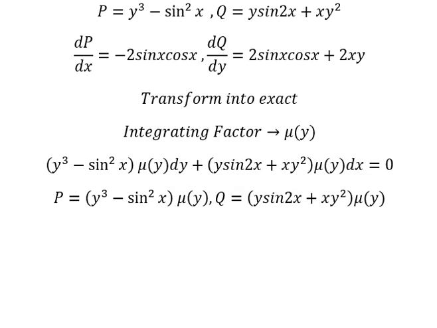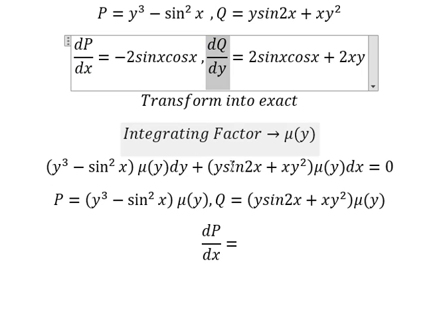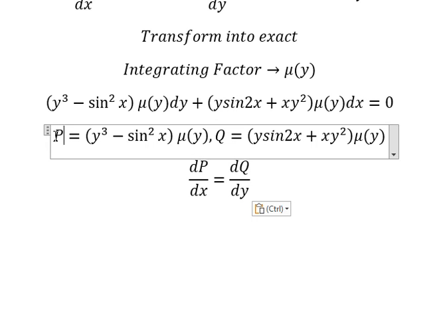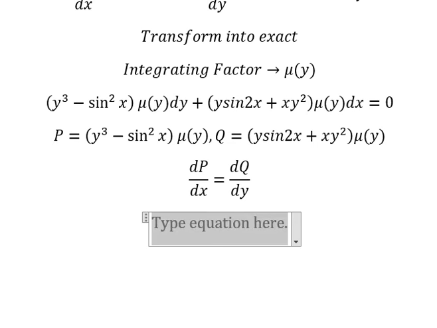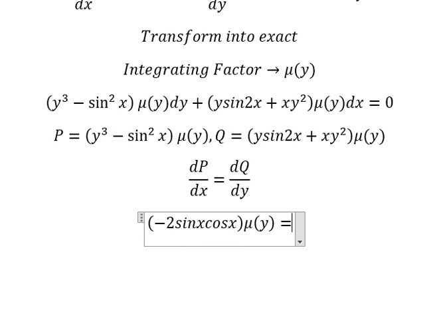Now we want to find this one equals to this one. That means if we do first the derivative of b with respect to x, that should be like this. So if we do first the derivative of q with respect to y, that should be like this.